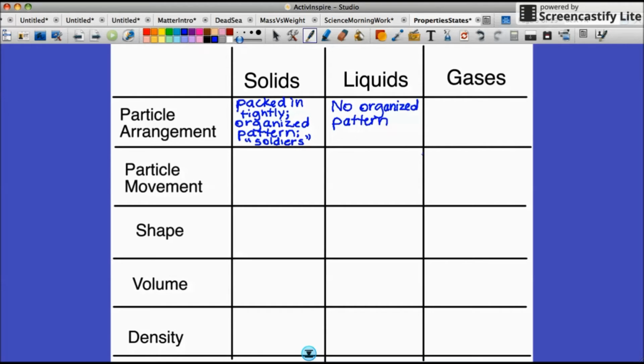The particles go where they want. They move this way, they move that way. And what about gases? Are their particles in an organized pattern? No, they were wild as could be. So again, no organized pattern for gases.